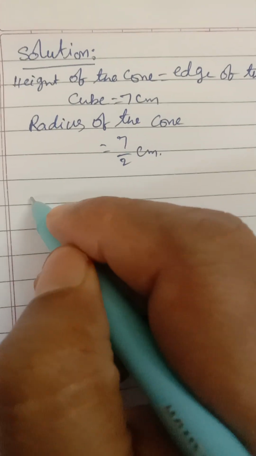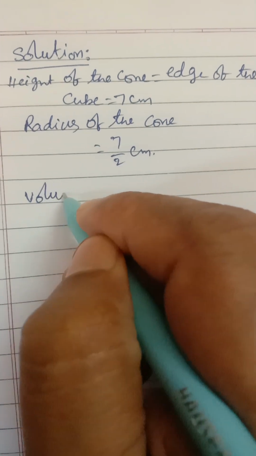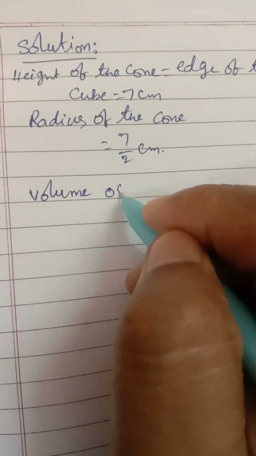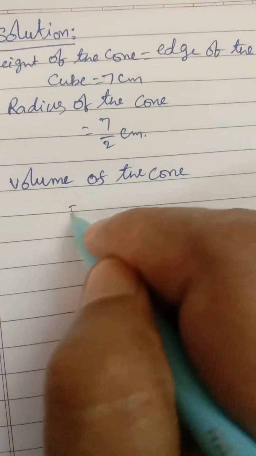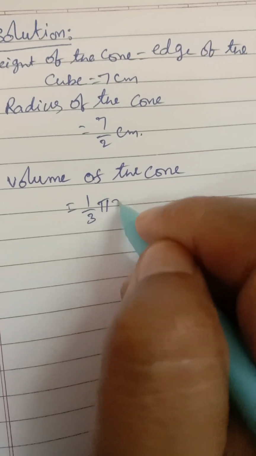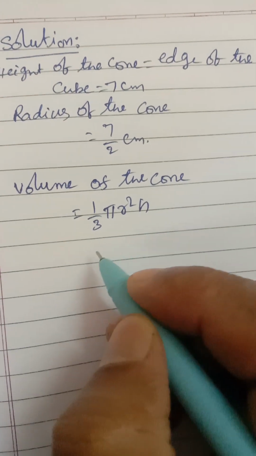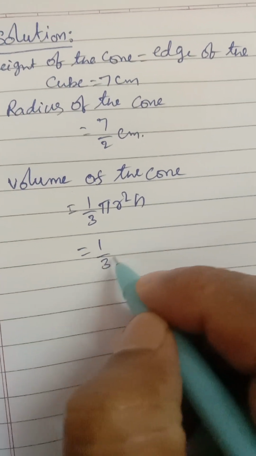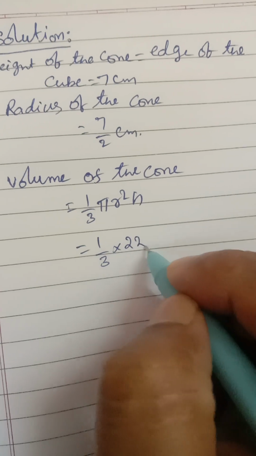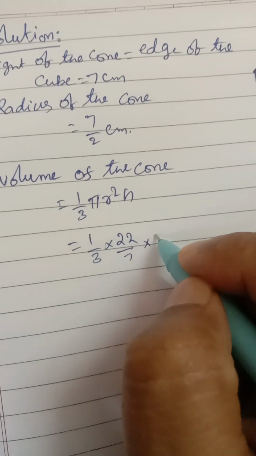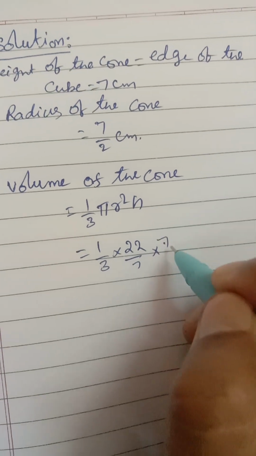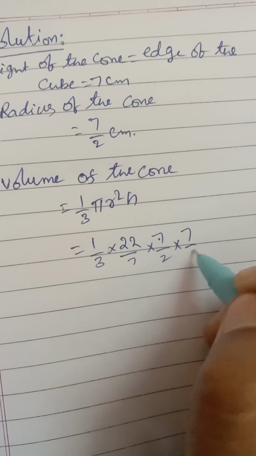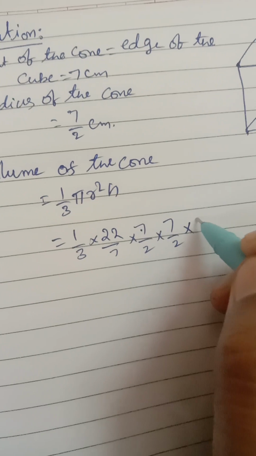We know that volume of a cone is equal to, find out the volume of a cone. Volume of the cone is equal to 1 by 3 pi r square h, is equal to 1 by 3 into 22 by 7 into radius 7 by 2 into 7 by 2 into height 7.